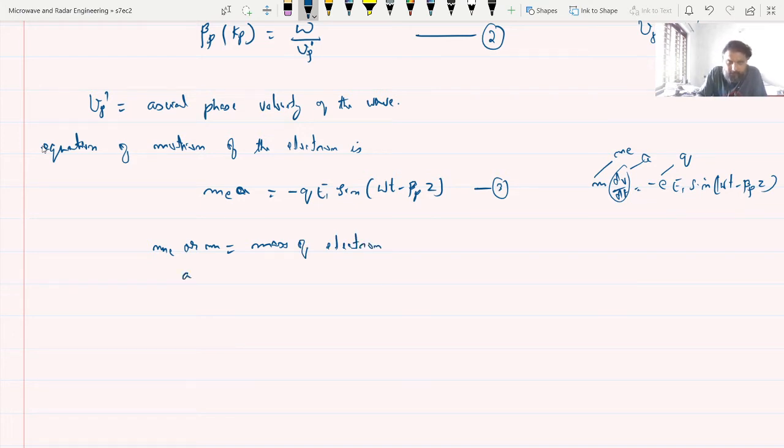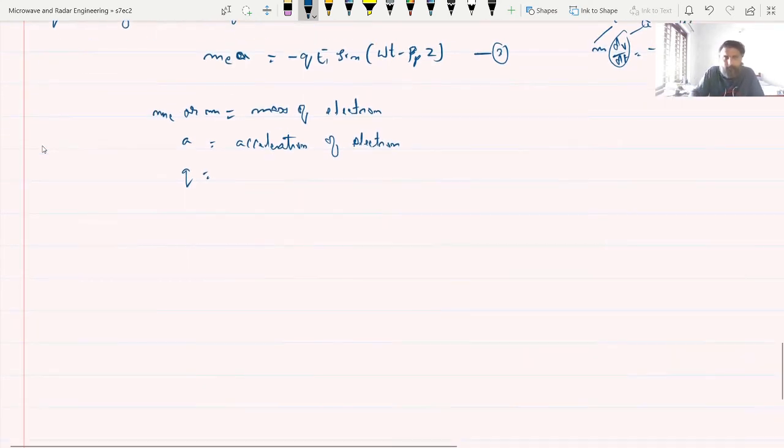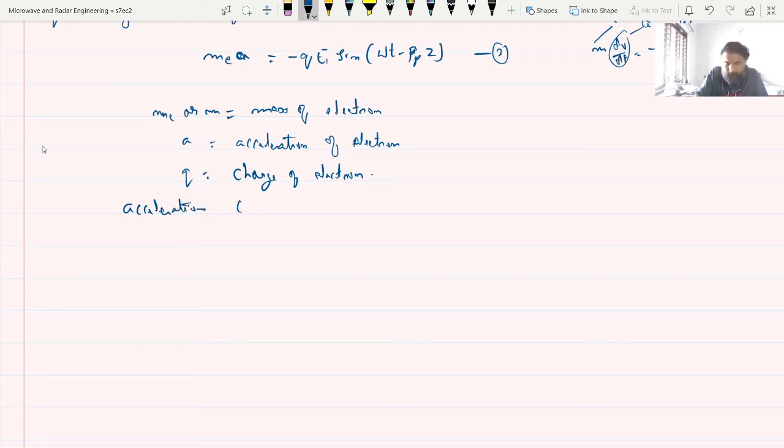A is the acceleration of the electron, and q is the charge of the electron. The acceleration can be given as A, which is nothing but dv by dt, or in general dv dash by dt.